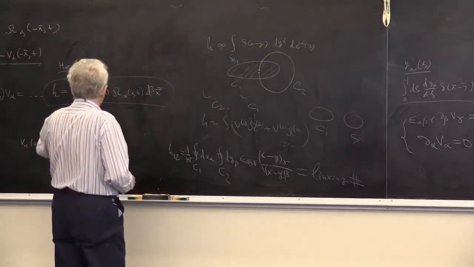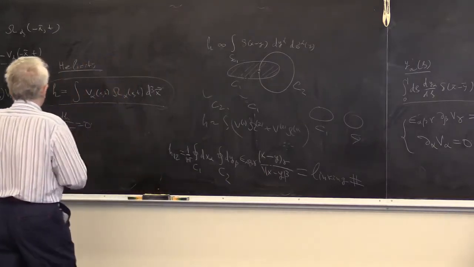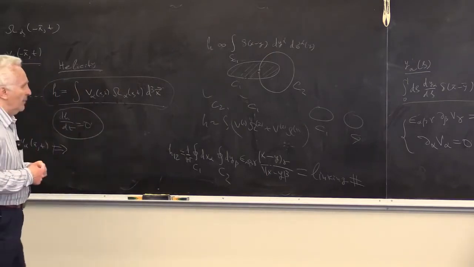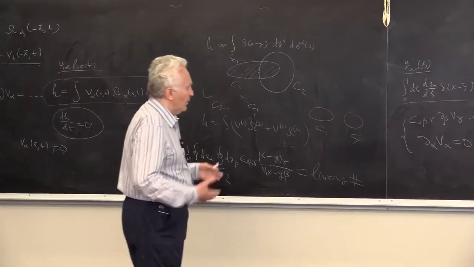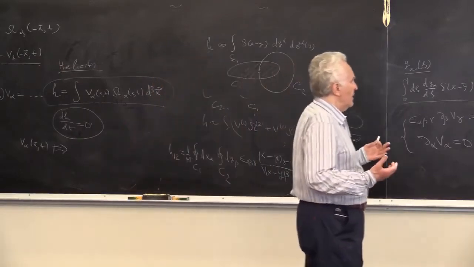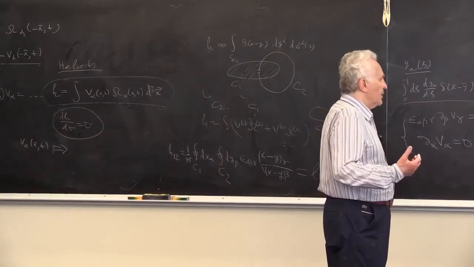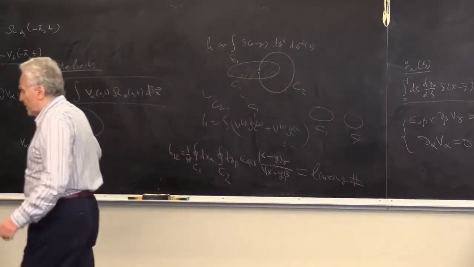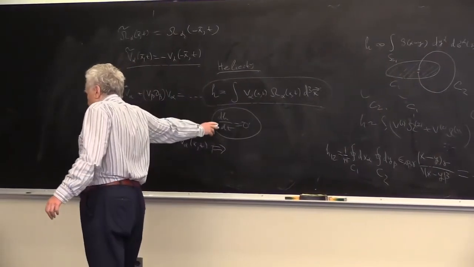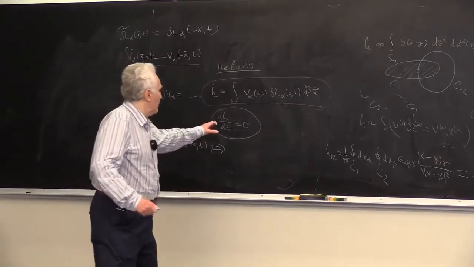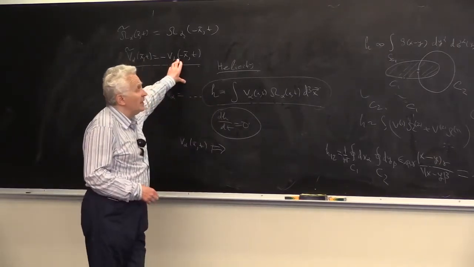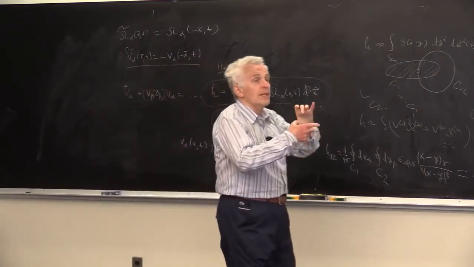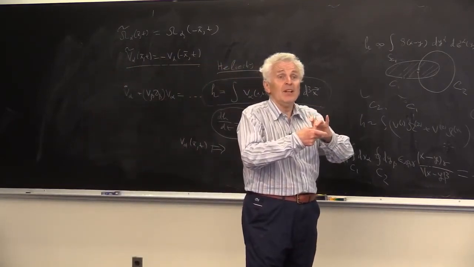And physically, conservation of helicity, which again I have to leave for you, is just straightforward calculations using the equations of motion, which give you this integral equation. It means that smoke rings, when they are linked, cannot unlink.